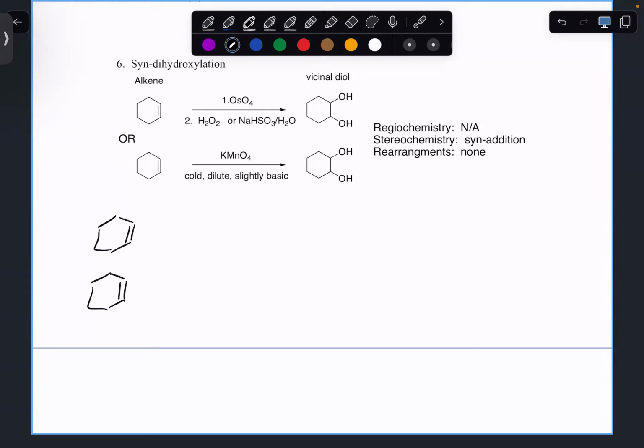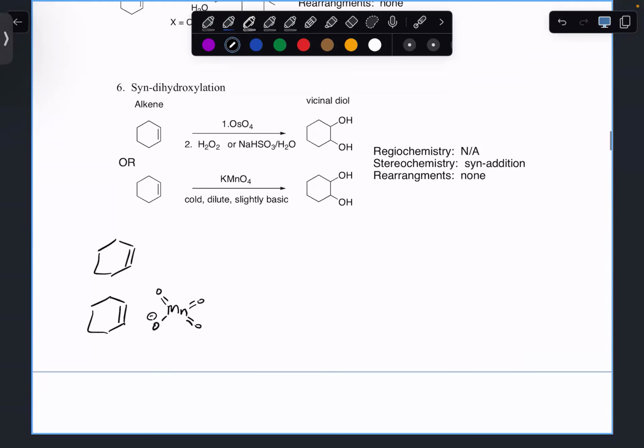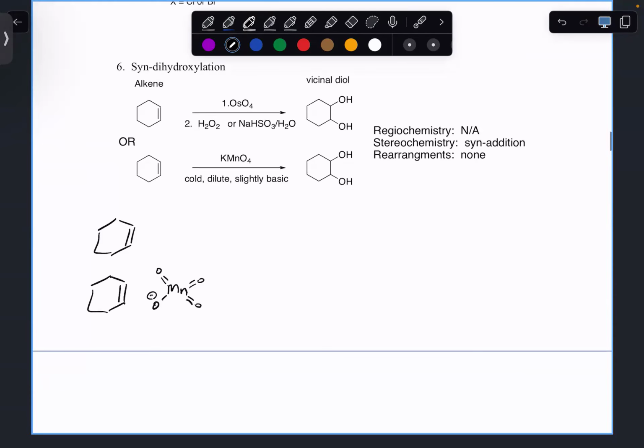I'm going to go ahead and draw the structures of these guys because I think it'll be helpful. So that's the structure of permanganate. The other way of doing this is with a rather interesting reagent called osmium tetroxide. And osmium tetroxide, I think you'll see why they both do this once I draw the structure of the osmium tetroxide.